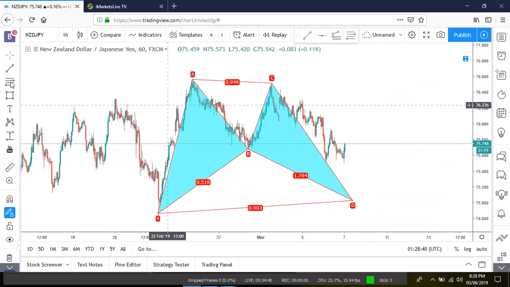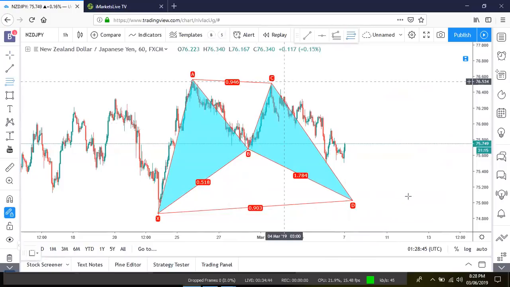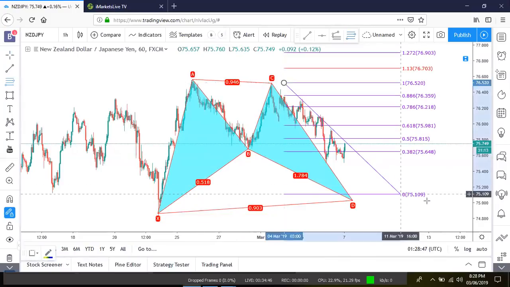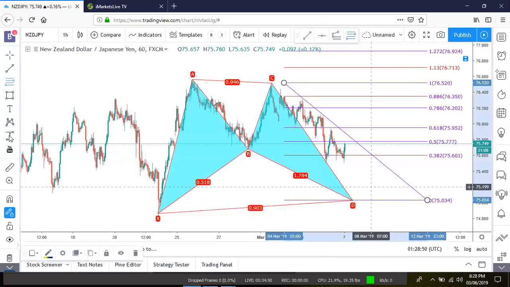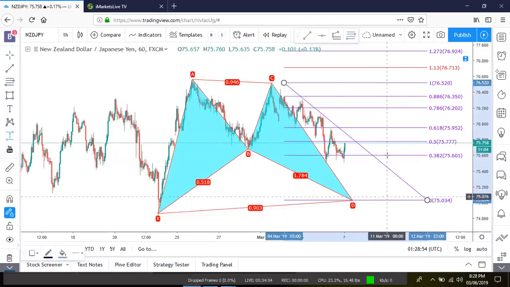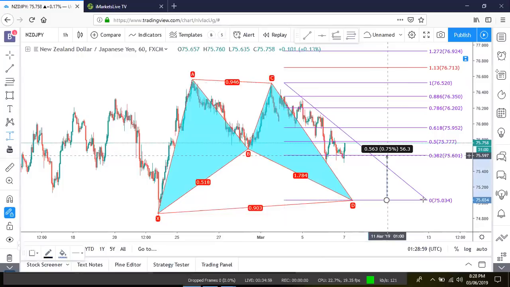So for my target, I take my Fib from C all the way down to D. And my target 1 would be the 38.2. That would be 56 pips.